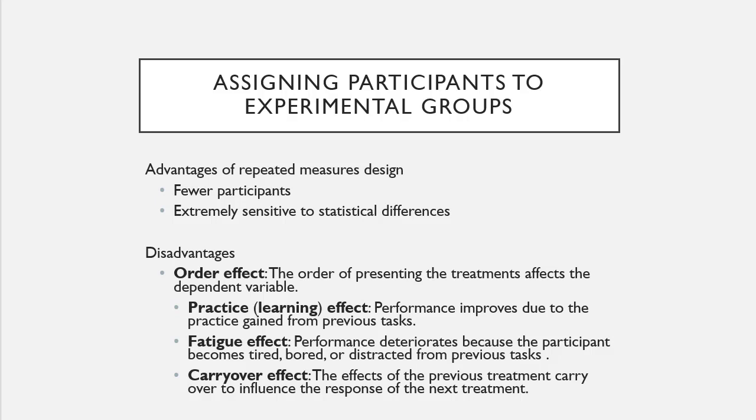If you have one group that is going through a treatment twice, it might matter which order they go through their treatment in. Let's walk through an example of what that might look like. Let's say that you want to give a group of people some kind of help on completing the SAT.